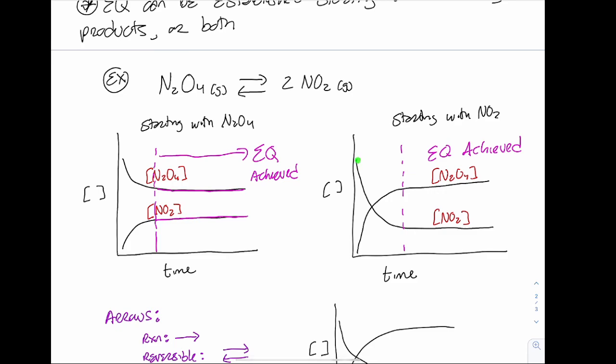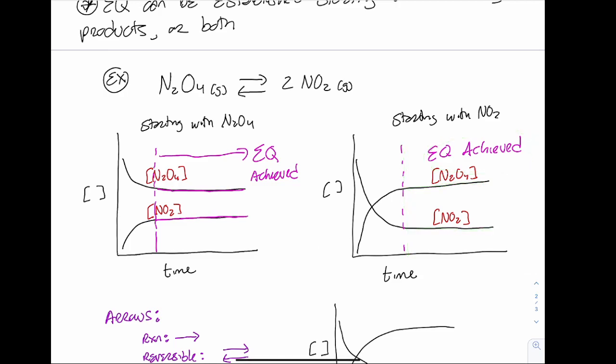So it's going to start up high and it's going to decrease as time goes on because that's what I'm starting out with. I'm not starting out with N2O4, so it's starting low, and then its concentration increases as time goes on. And then where these rates have leveled off, right, everything over here, we would say we've established equilibrium.